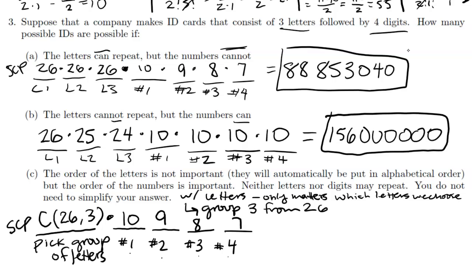So sequential counting says take all of those things and multiply them together. Now, the last part of the question says we don't need to simplify our answer, so we don't need to finish doing all of those computations, but just set up the fact that it's that combination times 10 times 9 times 8 times 7.